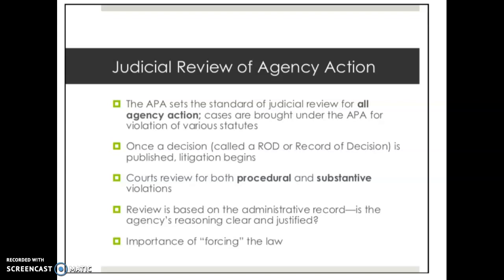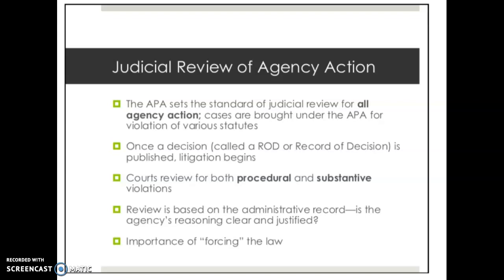Once a decision called a ROD, or record of decision, is published by the agency that's doing the analysis, litigation can begin. And I may have mentioned earlier in this course that the very first environmental impact statement that the Forest Service published was faced with litigation.